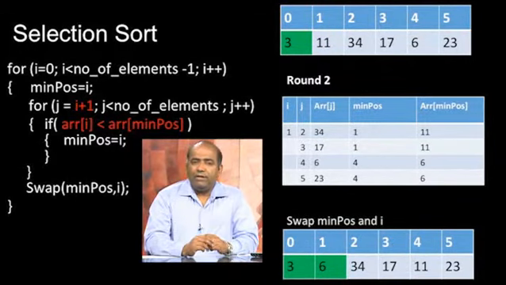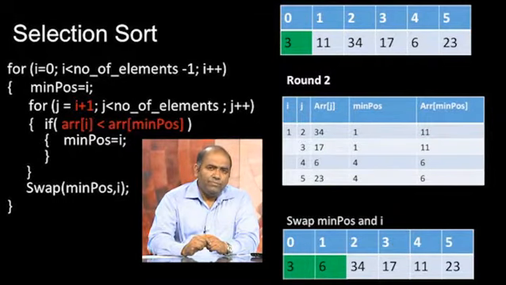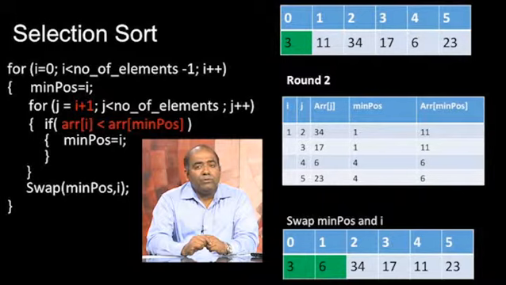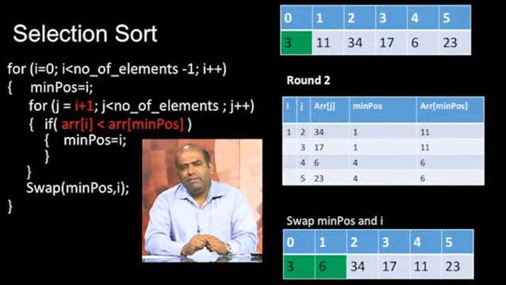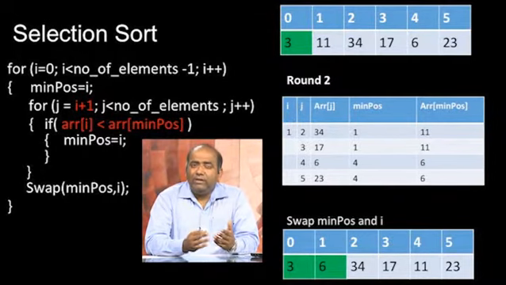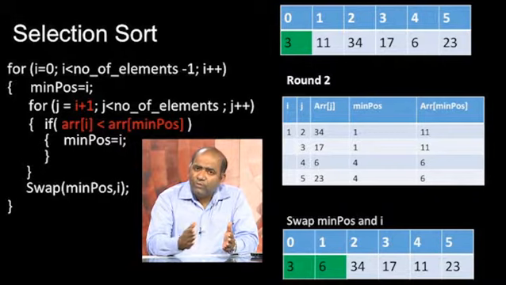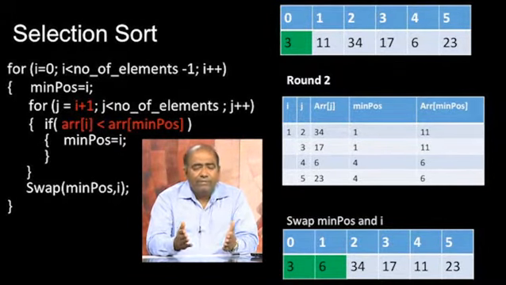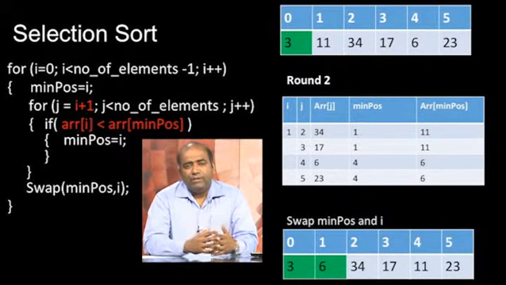So, what happens in round 2? i is pointing to 1, j will be moving from position 2 till the end. We will assume the minimum position is 1 and the minimum value is 11. As j goes through second and third, that is 34 and 17, minimum is still 11.